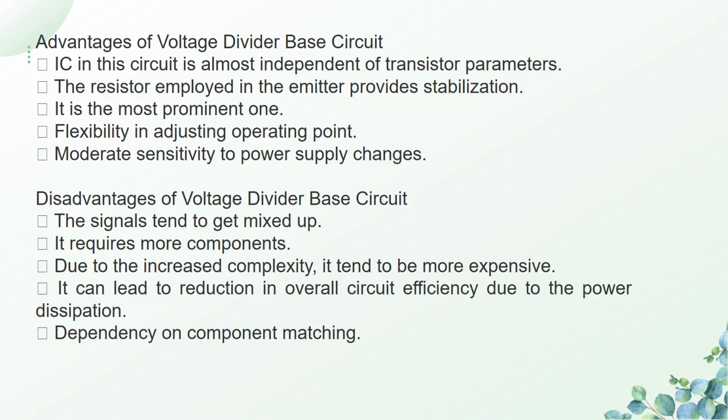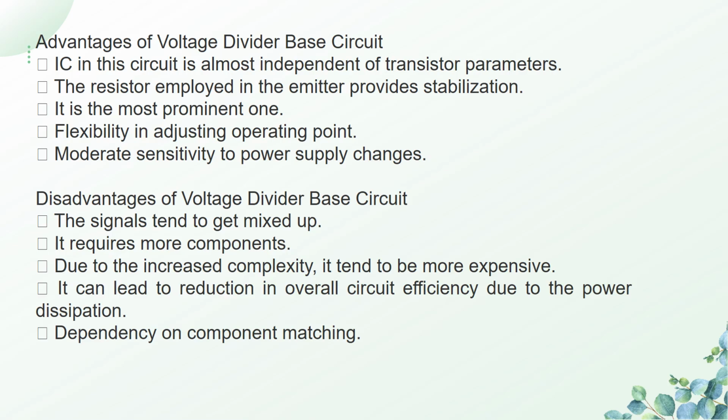The next advantage is that the resistor employed in the emitter provides better stabilization of the circuit. It provides flexibility in adjusting the operating point, and it is less sensitive to supply voltage changes. The drawbacks of this circuit are that the signals tend to get mixed up, it requires more components, and due to the increased complexity it tends to be more expensive.